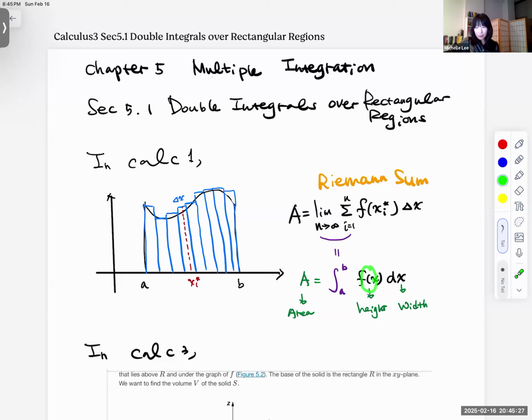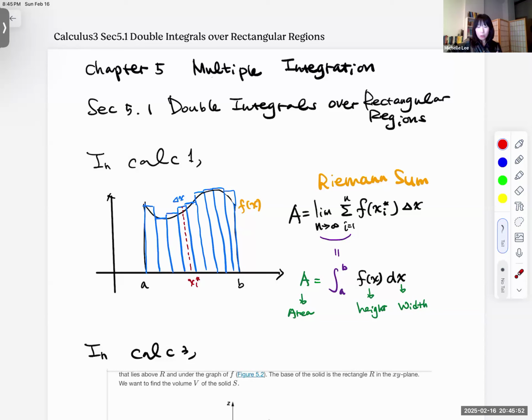And f of x is the function, so that will be the height, and dx will be the width. So we can find area from Calculus 1.